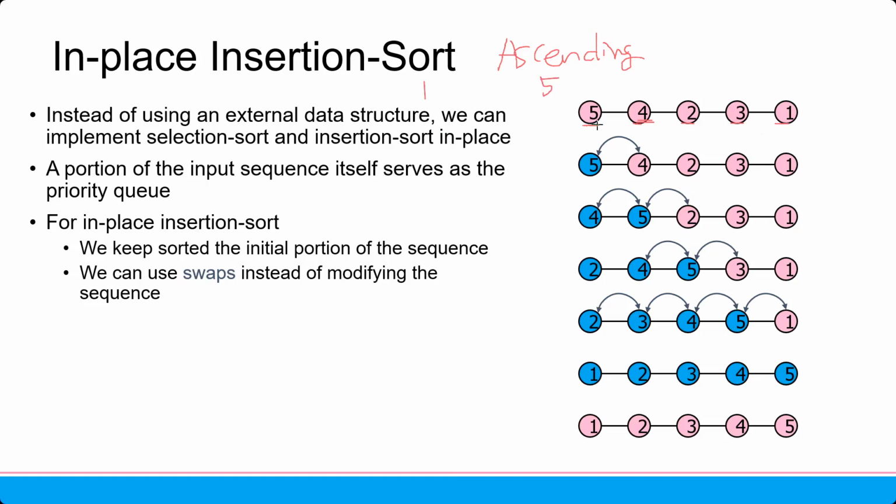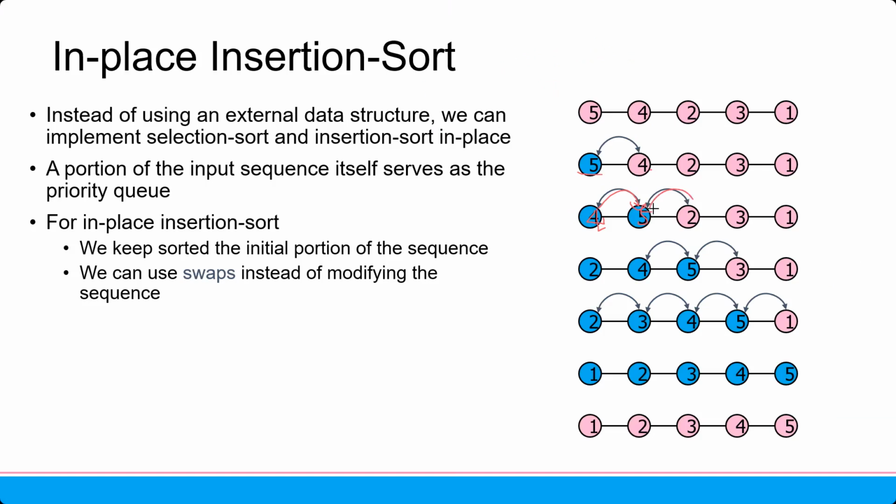Then I will check 5 and 4. Is 5 smaller than 4? No, because 5 is higher than 4, so we swap. Because 5 is higher than 4, so we swap. 4 and then 5.